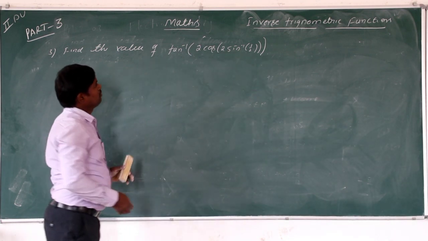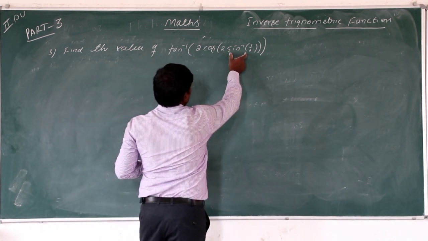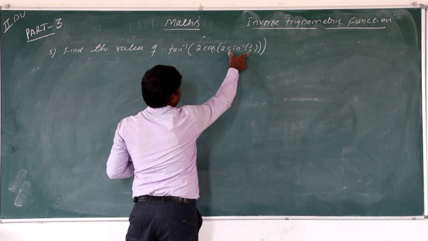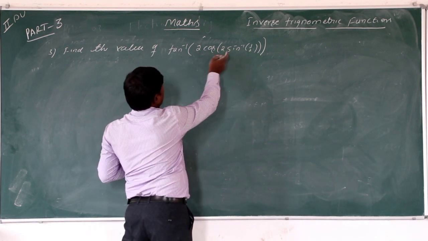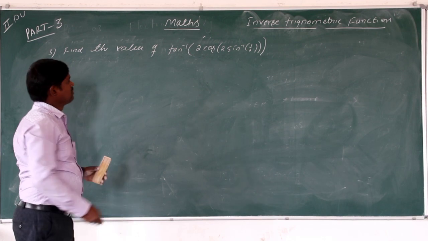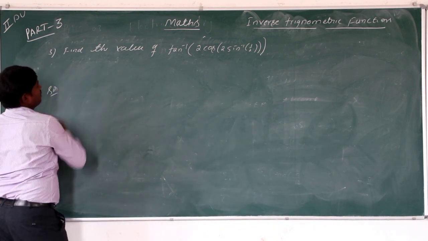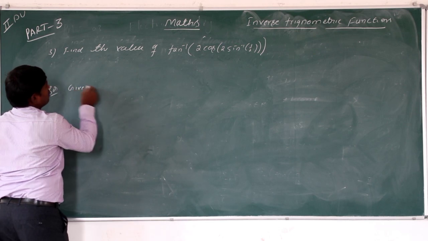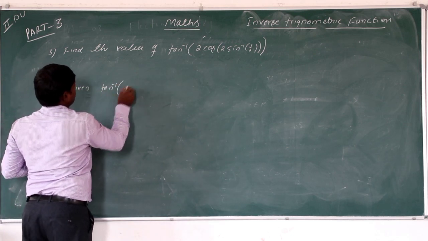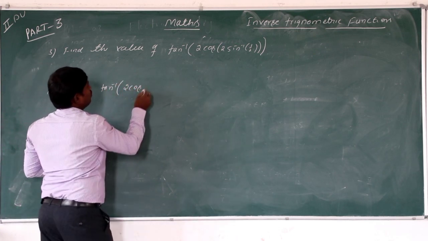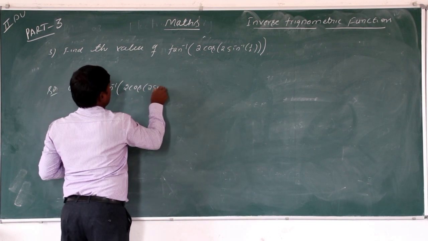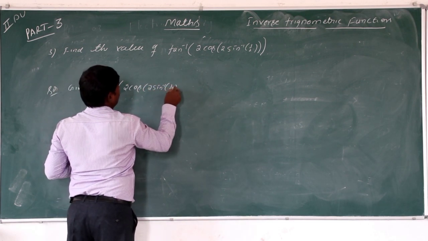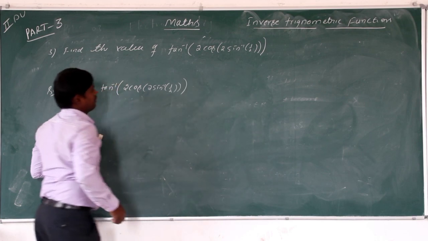Close the bracket. So we are going to find first the value of sin inverse of 1 by 2, then find the value of 2 cos, and then tan inverse. Solution: the given problem is tan inverse of 2 cos 2 sin inverse of 1 by 2.